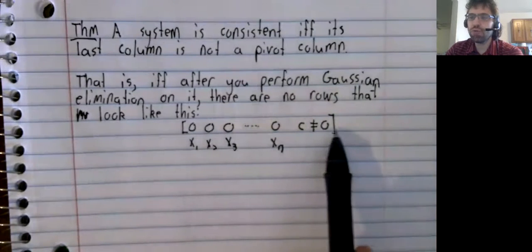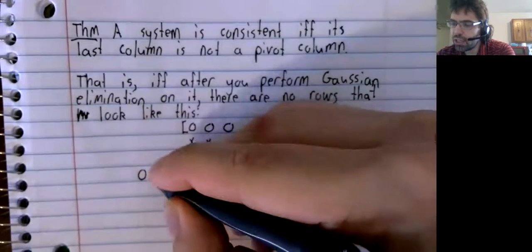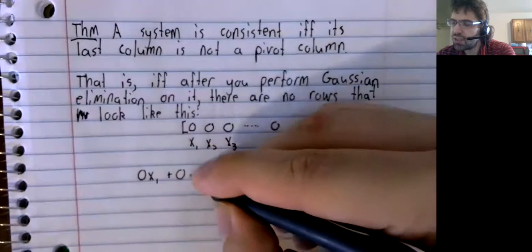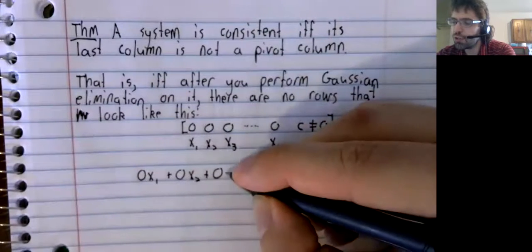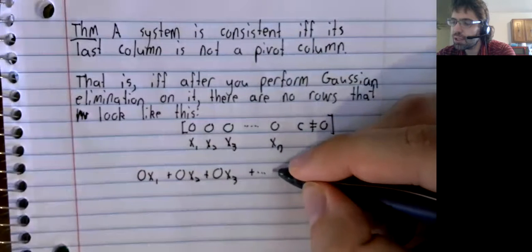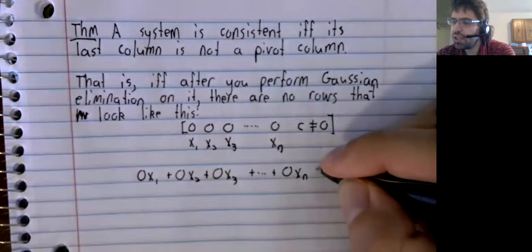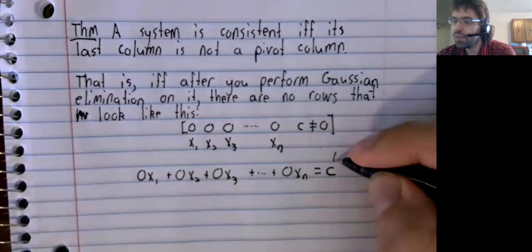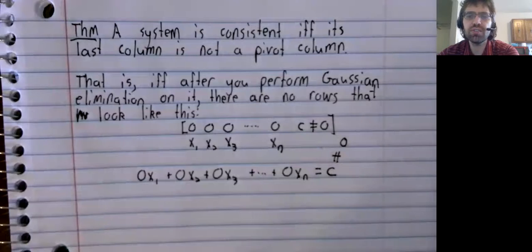And this row represents an equation, 0x1 plus 0x2 plus 0x3 plus 0xn equals C, which is not equal to 0.